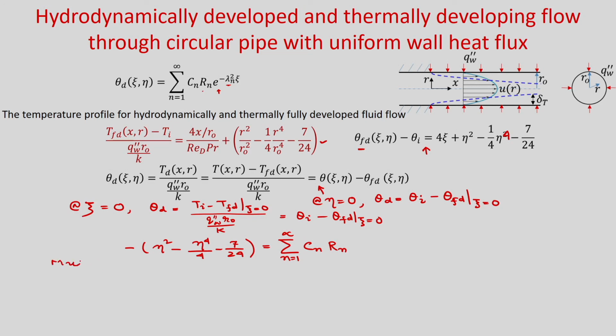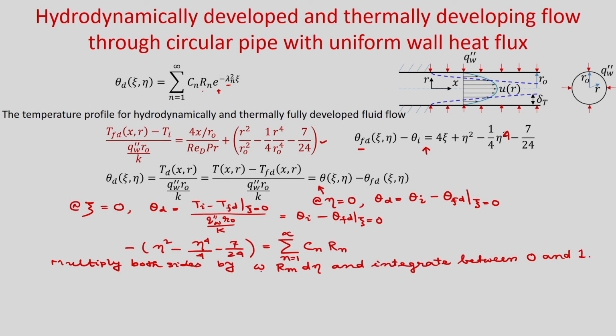multiply both sides by the weighting function w into R_m into d eta and integrate between 0 and 1. This w is the weighting function.